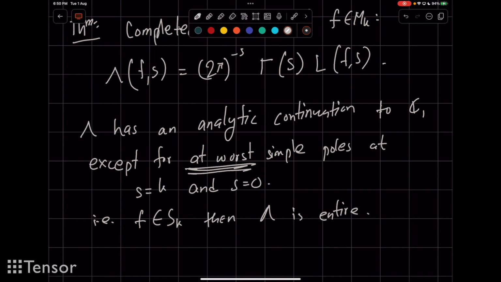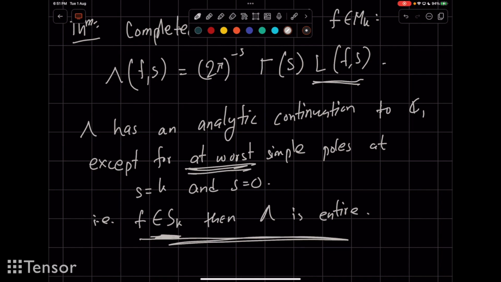But while defining the L function, we ignored the zeroth coefficient. But f being in S_k depends on the zeroth coefficient, right? So we thought that L probably forgets about the zeroth coefficient, but this tells us that no, it doesn't forget.